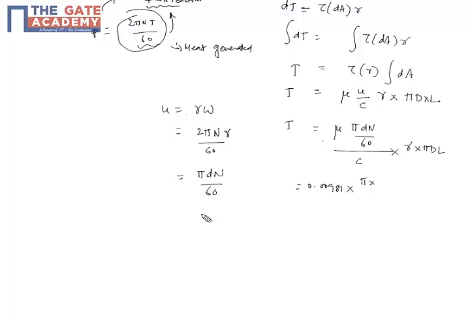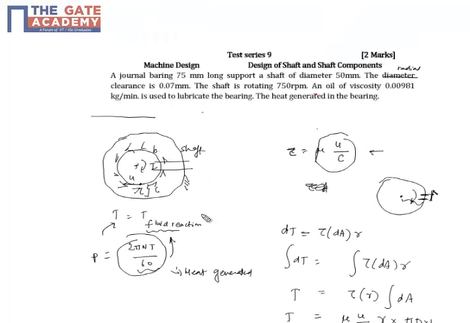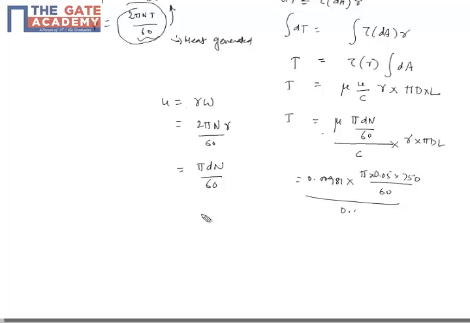N is 750 by 60. The radial clearance is 0.07, into 10 power minus 3, because we want to convert everything into Newton meter.